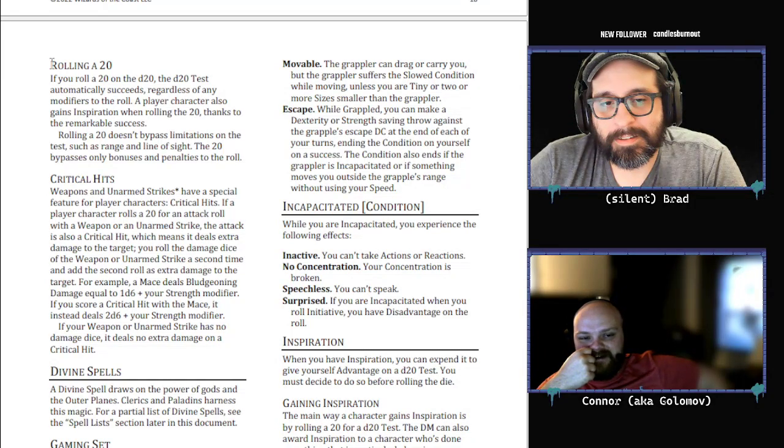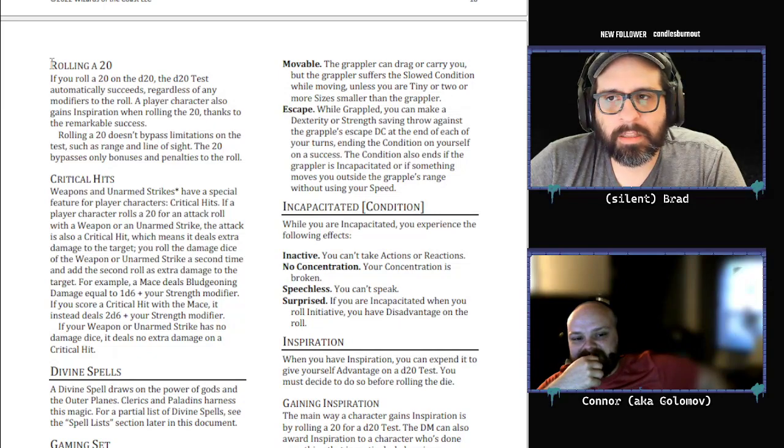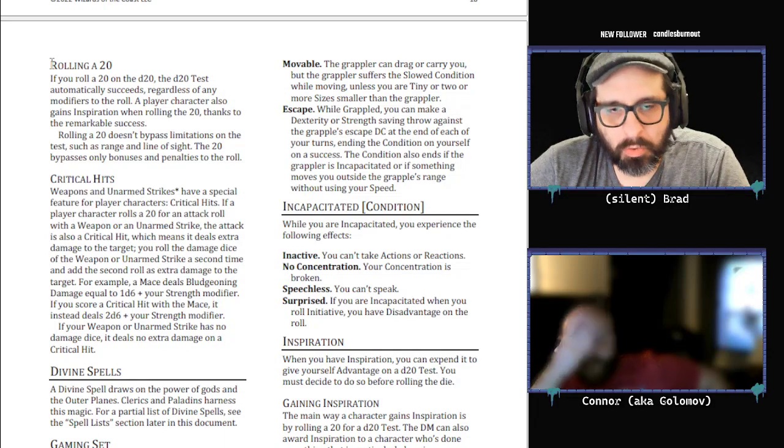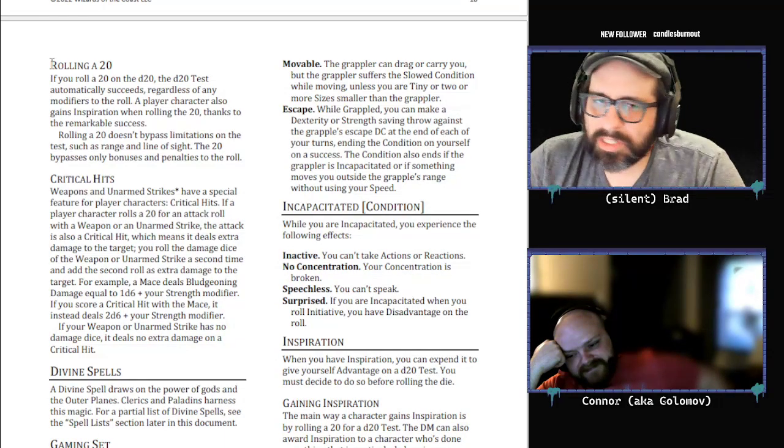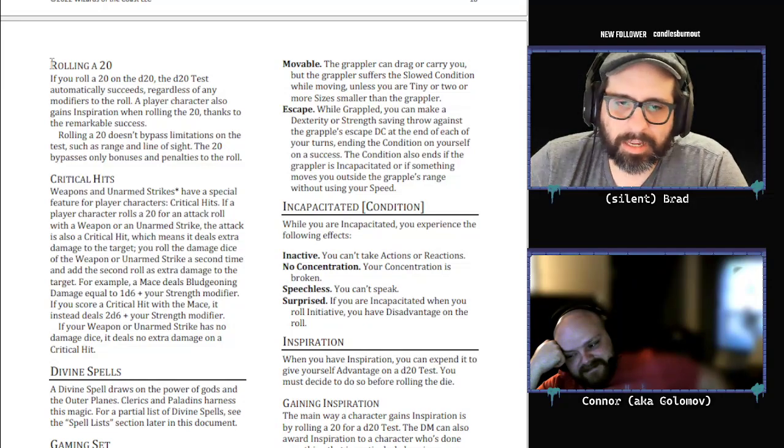I mean, that's fair. Yeah. I can't think of a spell that should crit. There's stuff like cantrips, but there's very few that have an attack roll versus a saving throw. So I don't see the problem with spells critting.